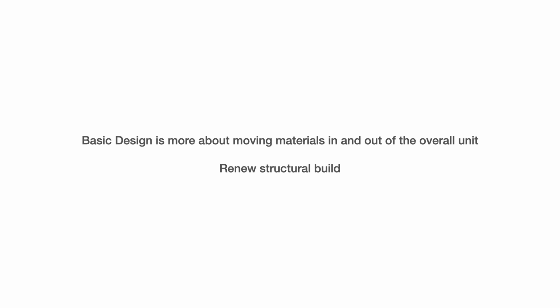A lot of it is just for renewal of the structural build. As we touch on hair and nails, this can be renewal of the structural build, but I think it's commonly thought of as just growing more hair or growing longer nails. They're definitely unique unto their own.